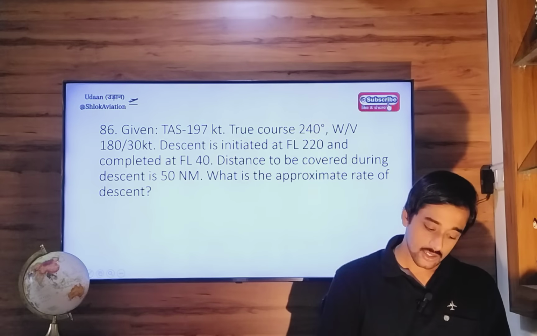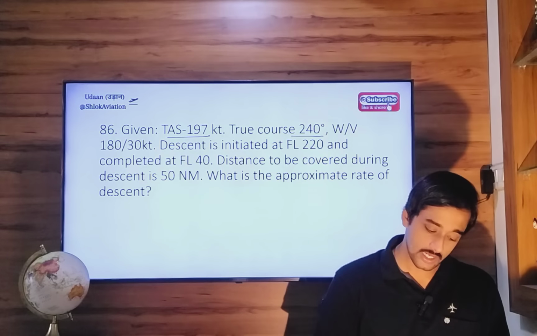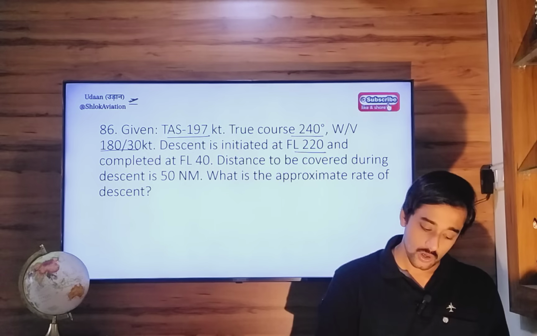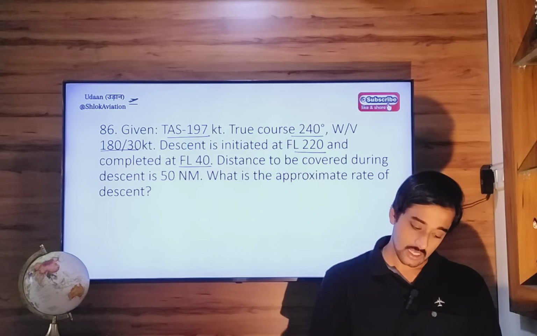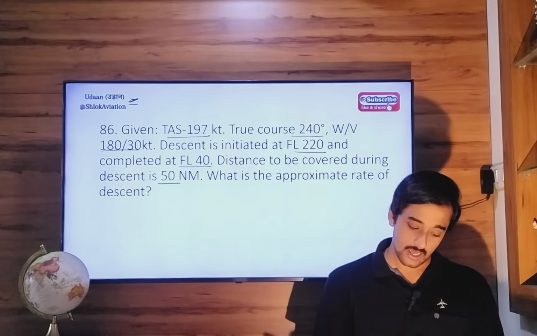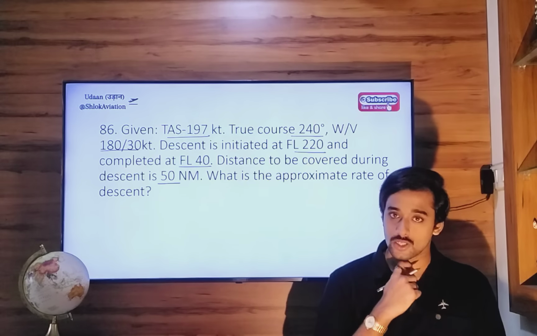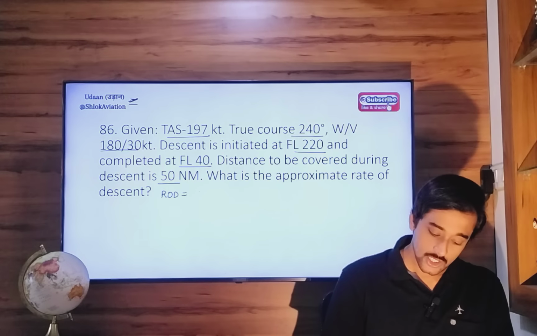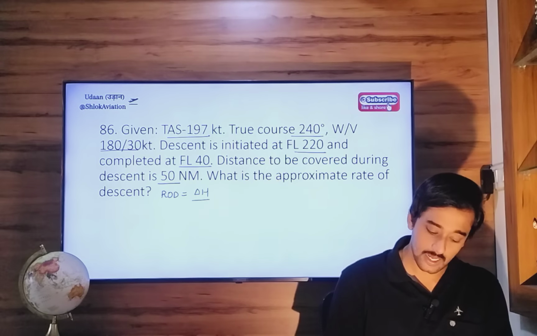Next, true airspeed is given, course and winds are given. You are going to descend from 22,000 to a level of 4,000. Distance 50 miles. What is the rate of descent? Again, it's similar to the previous question. Rate of descent is nothing but change in height divided by the time taken.